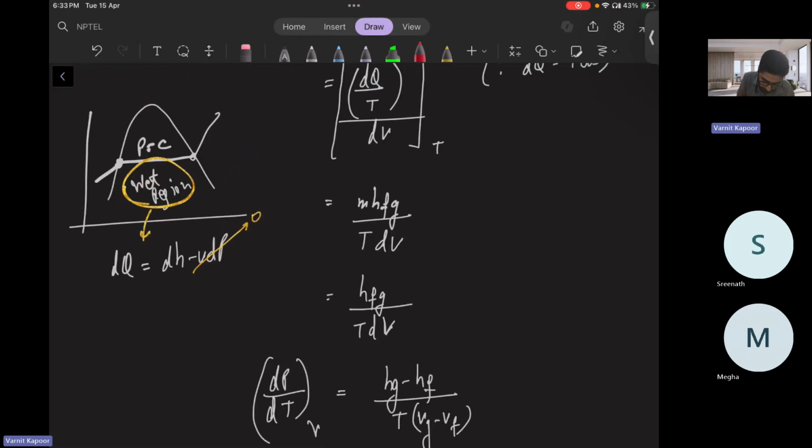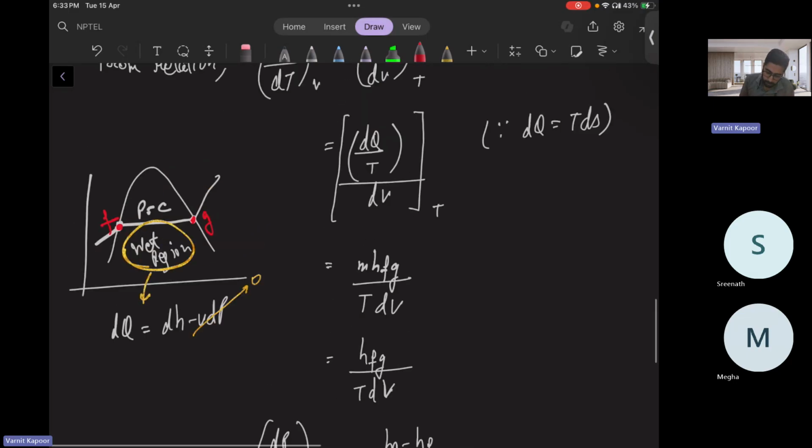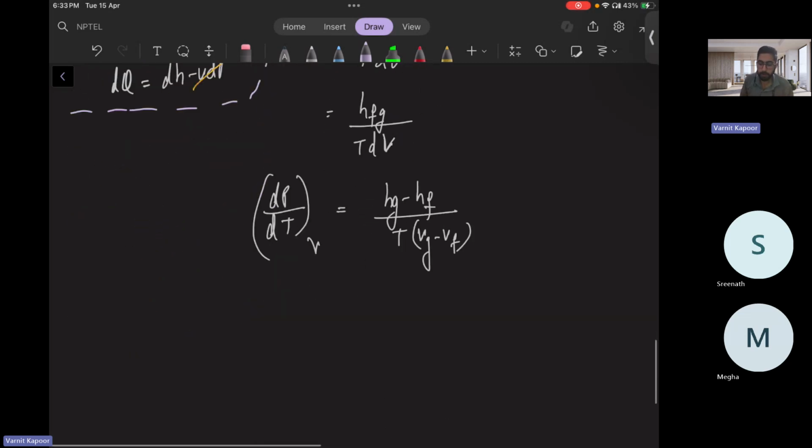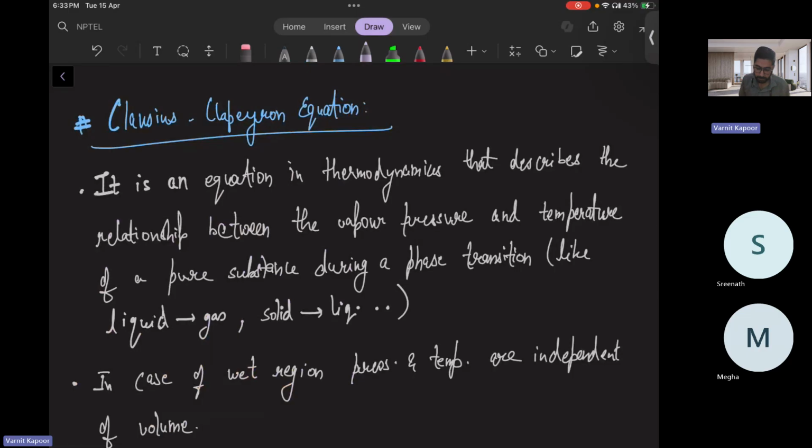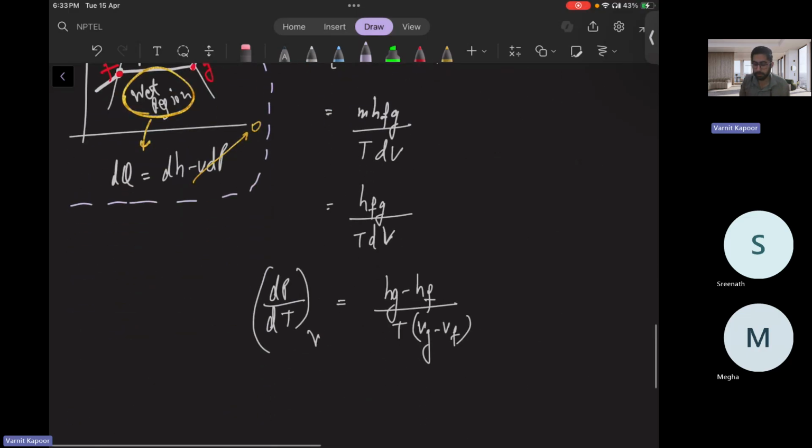This is state f, this is state g. Draw a box here and keep this one in a box. This is your final relation between vapor pressure and temperature of a pure substance, hg minus hf over T into vg minus vf. A very important relation, and it is talking about the wet region.